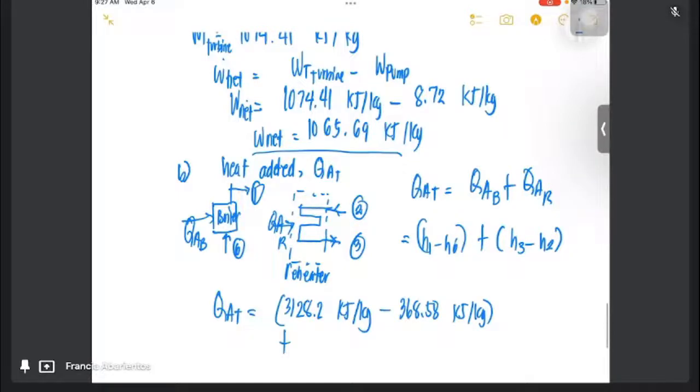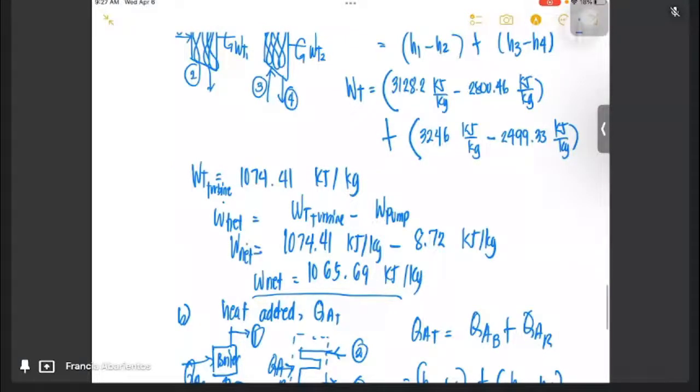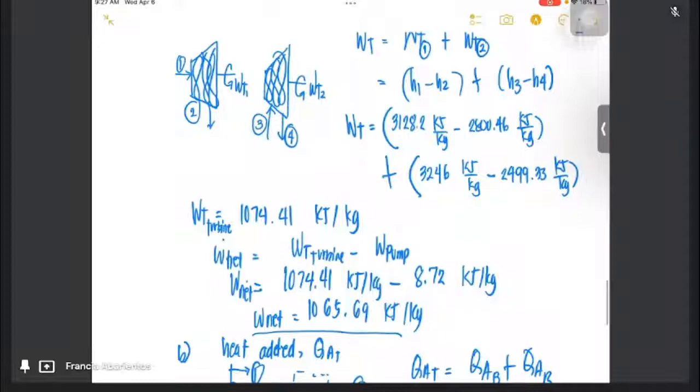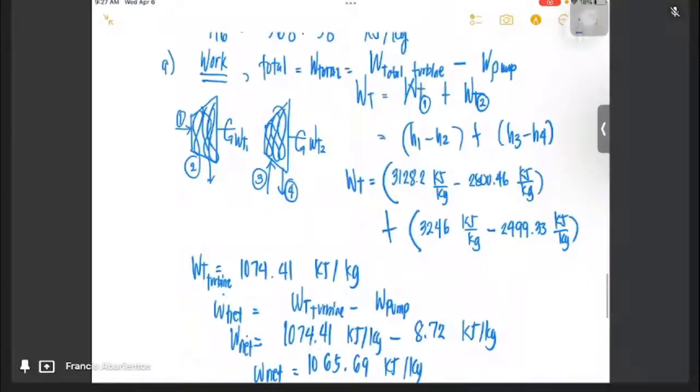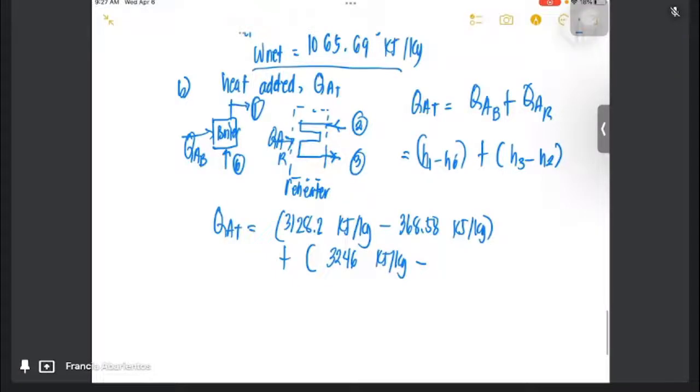Plus H3, 3246, minus H2, 2,846. So what is now the total heat added by the system in a reheat cycle? Two terms, class.